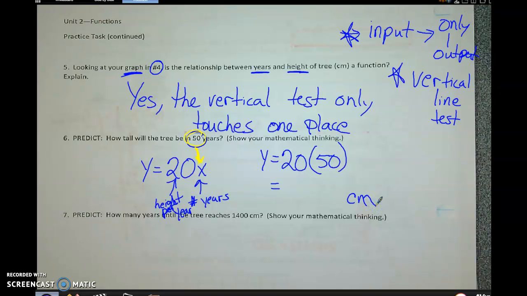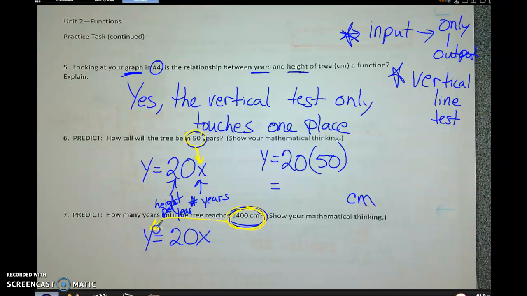So you can finish that math and figure out what the height of that tree is in 50 years. Now, number 7, predicting how many years until the tree reaches 1,400 centimeters. So again, we're using that function rule, y equals 20x. This time though, our 1,400, that's our total, that's the height that we're wanting to figure out.